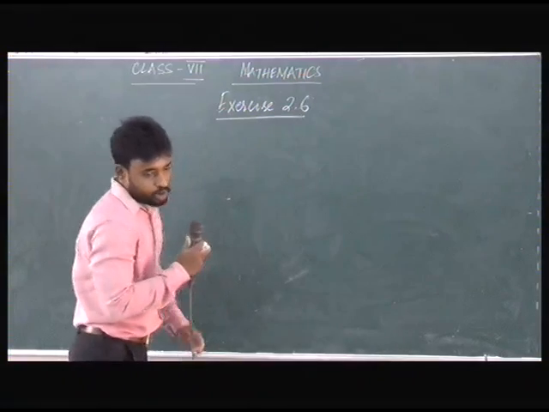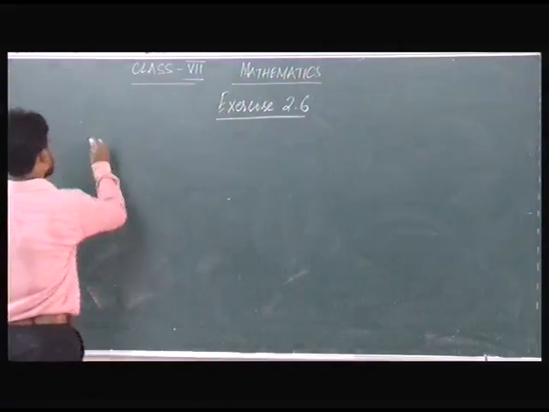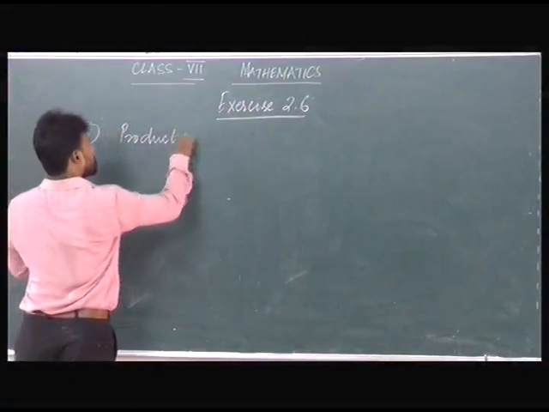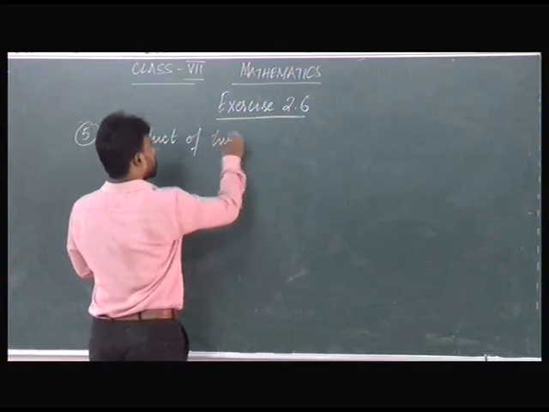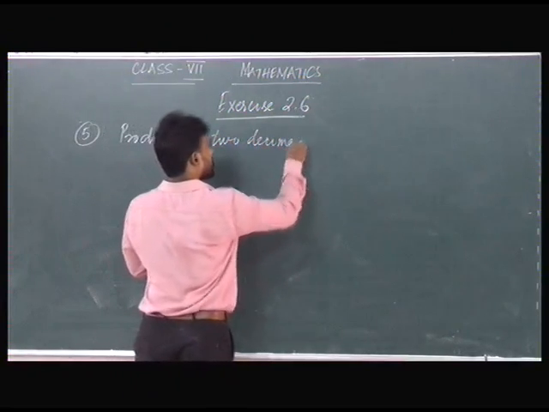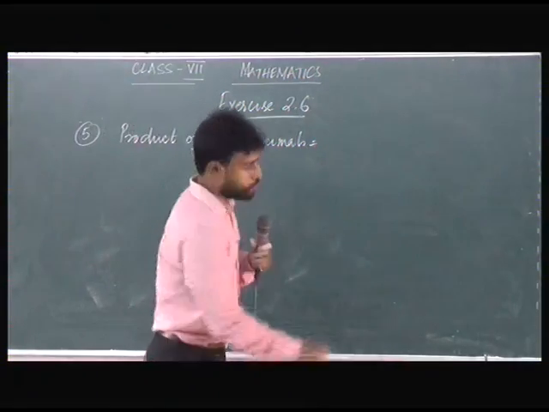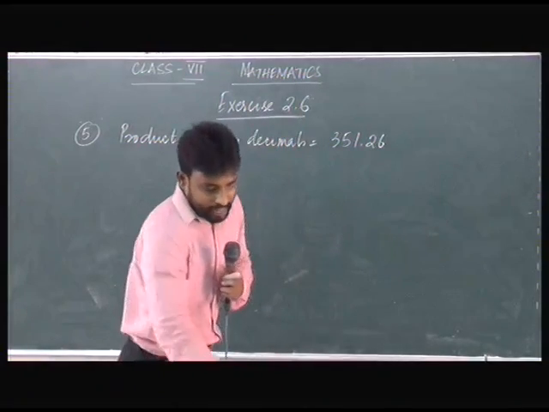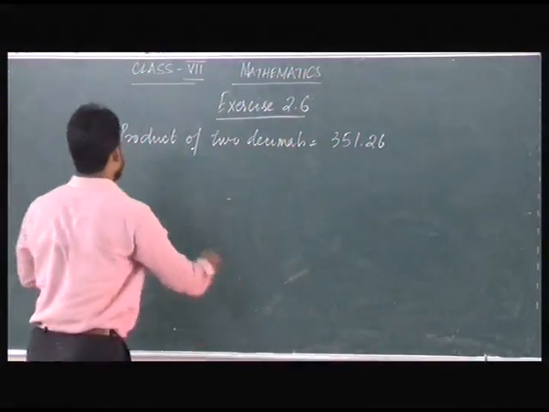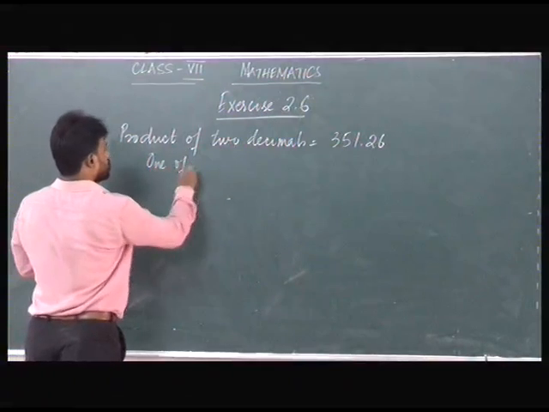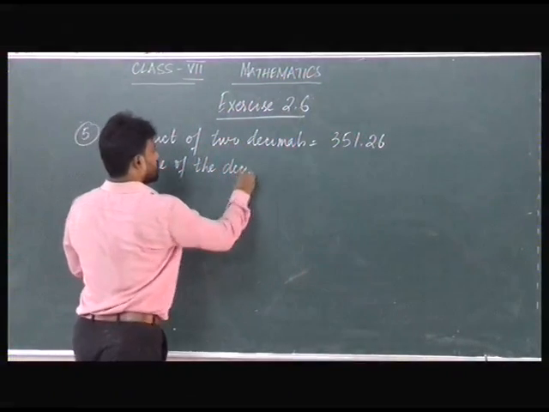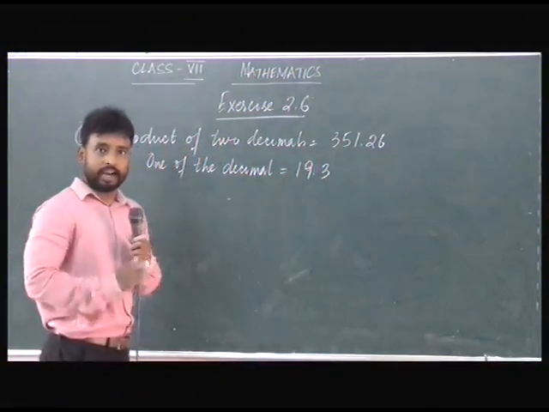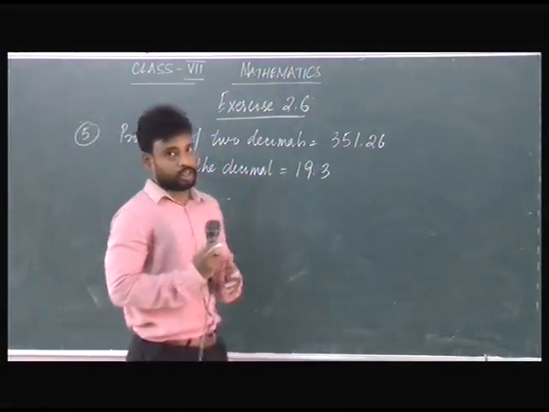Let us write that down. One of the decimals is 19.3, and we have to find the other.